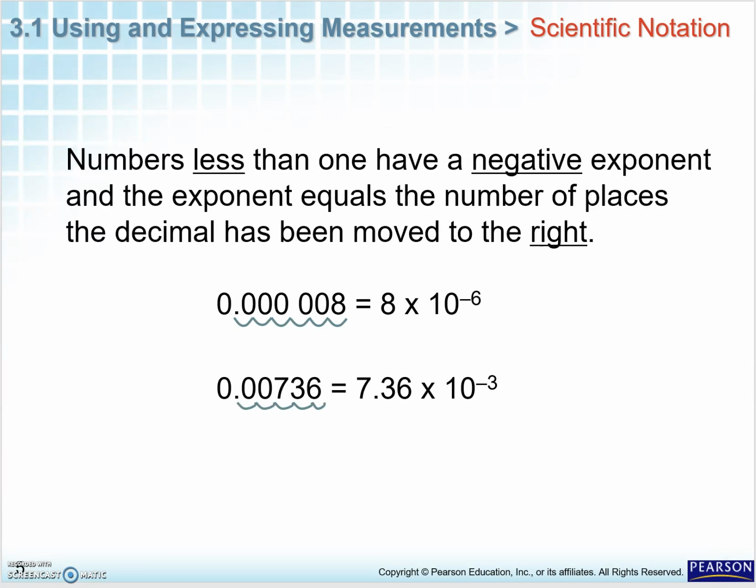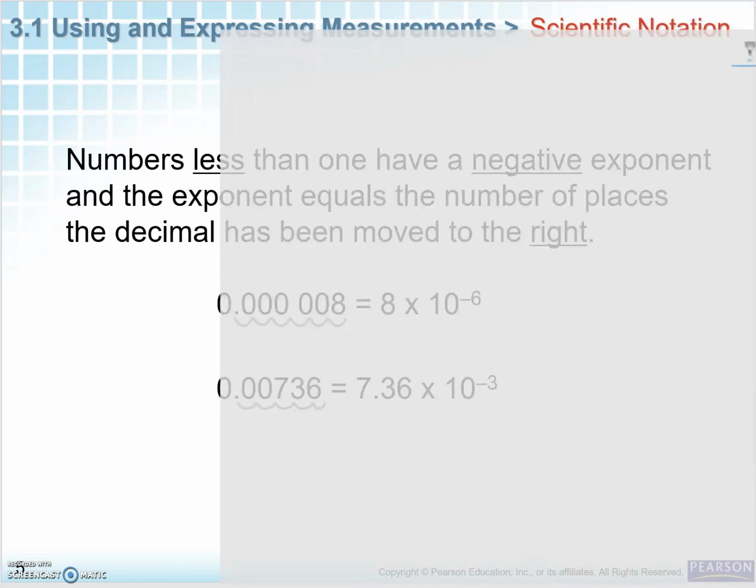If you want to try another one, here is another one. We'll give that a shot. 0.00736. So we need to move our decimal point right to here. Again, you want one number in front of the decimal point after you've converted it, and everything else will be after the decimal point.